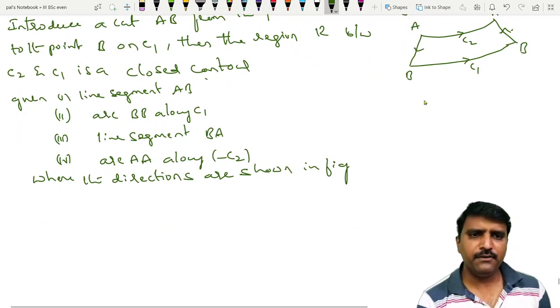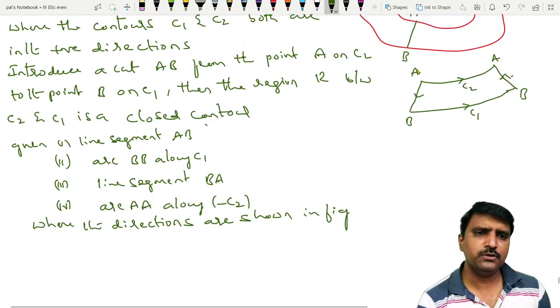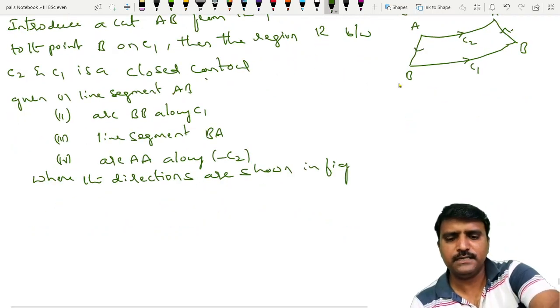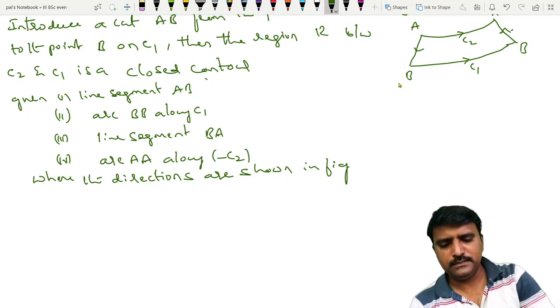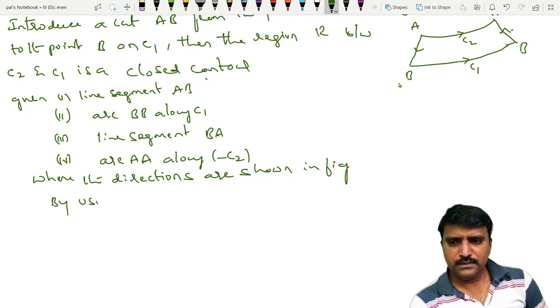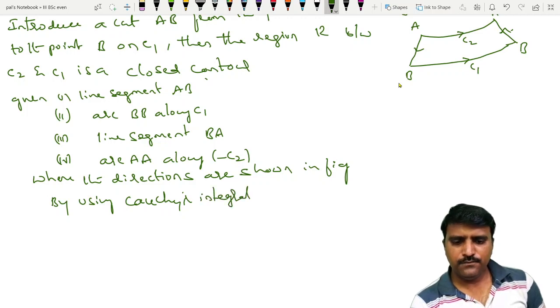So now we have one closed contour, that is ABBAA. If we take the integration of f of z dz over that, by using Cauchy's integral theorem, sorry, not formula, it is a theorem.